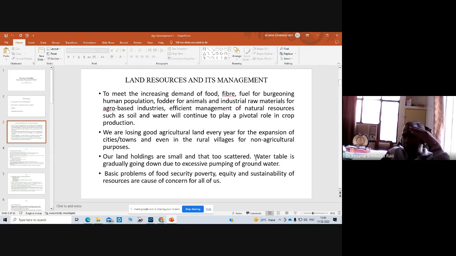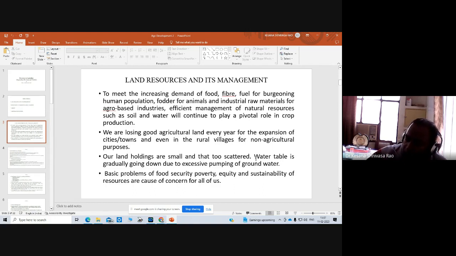Equity means how equally the land resources, water resources, and other agro resources are being distributed, and sustainability of resources means how long the resources can continue to produce food.